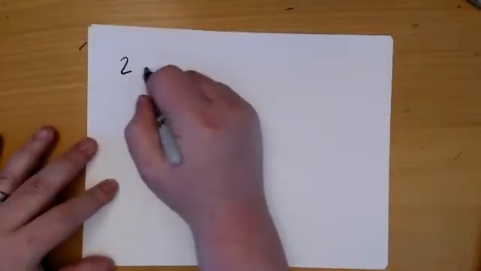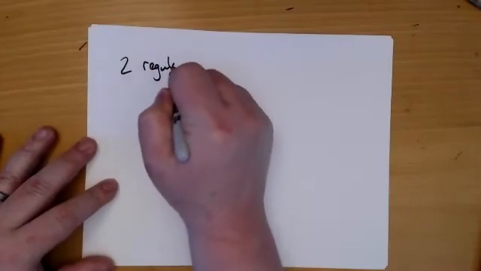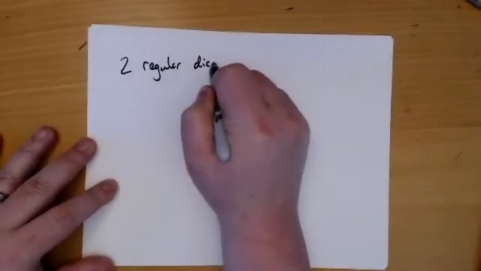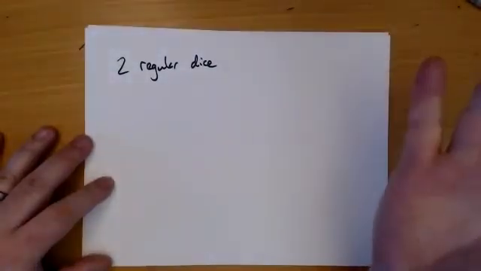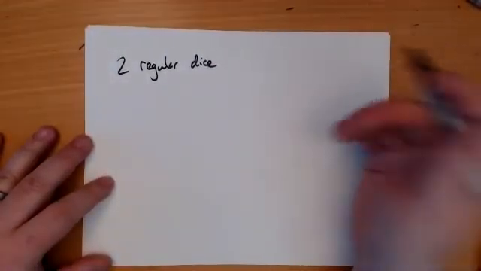We take 2 regular 6-sided dice, and we roll them, and we add up the totals.